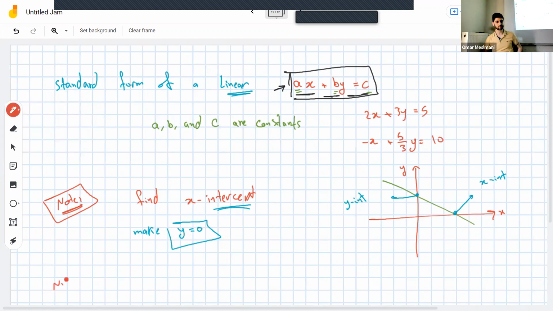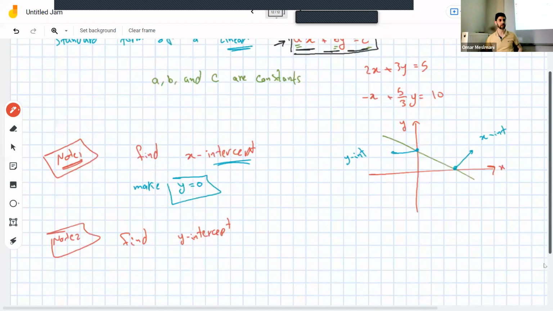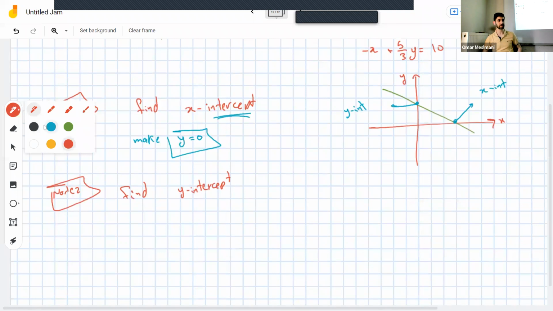Note number 2: if you want to find the y-intercept, you substitute x equals 0, the opposite. This is a very important idea, guys. Sometimes they ask this question in the SAT: find the x-intercept of. So for the x-intercept of anything, you set y equals 0. The same holds for the y-intercept of any equation, even if it's not only linear, anything.